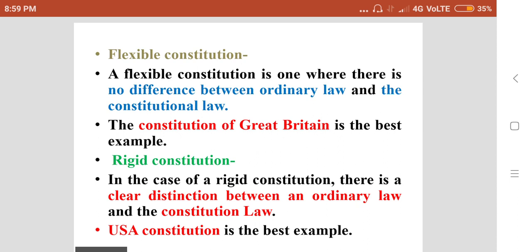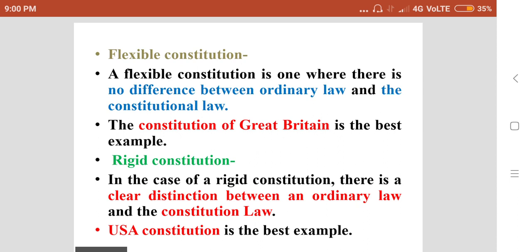Then rigid constitution. A rigid constitution is a constitution where there is a clear distinction between an ordinary law and the constitutional law. And also a rigid constitution cannot be amended easily. To amend a rigid constitution is very difficult.